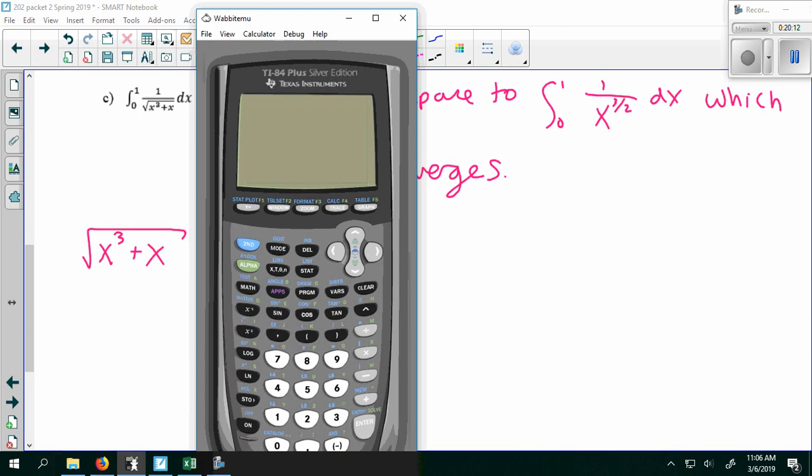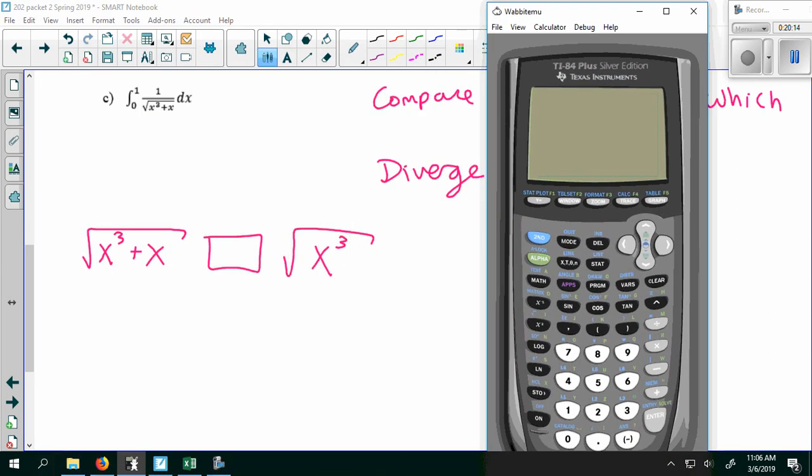Just to give you a quick demonstration of it: the square root of 0.5 cubed plus 0.5, and I get 0.79. And then the square root of 0.5 cubed, and that one is only 0.35.